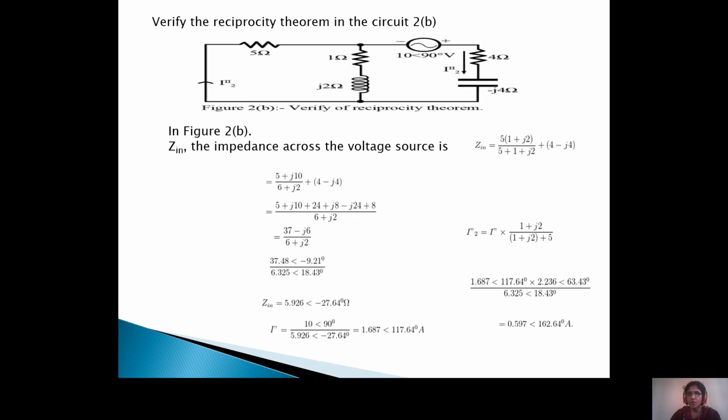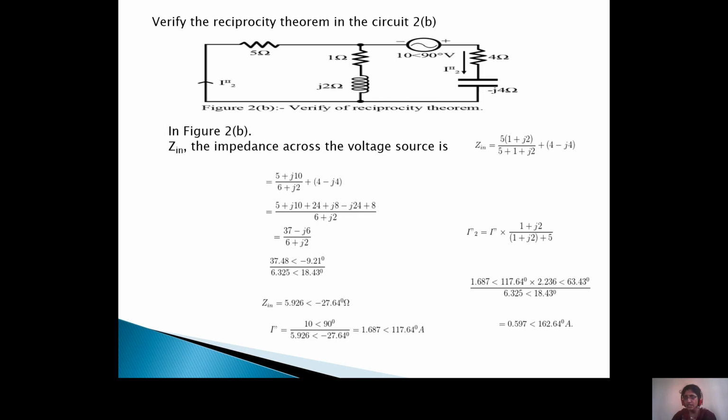So then you get 1.687 at an angle of 117.64, that is the total current flowing, into 1 plus j2, which is 2.236 at an angle of 63.4, by 1 plus 5, that is 6 plus j2, which is 6.325 at an angle of 18.43. How much do you get as the answer? 0.597 at an angle of 162.64.